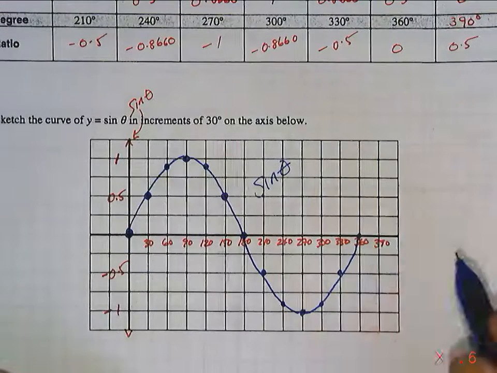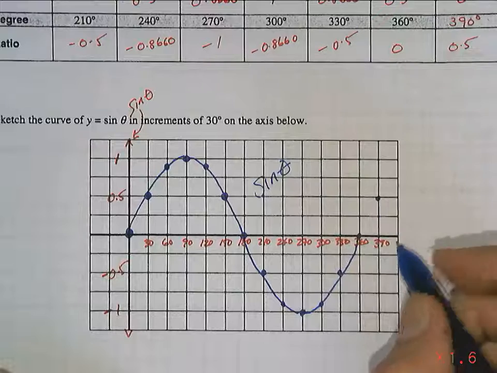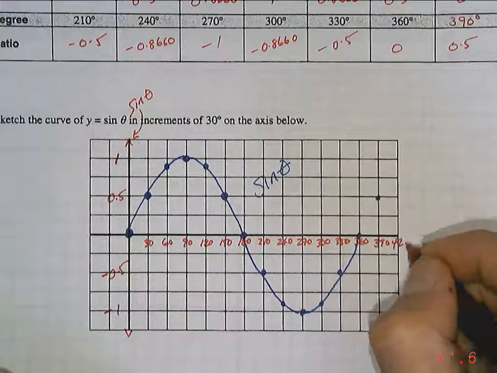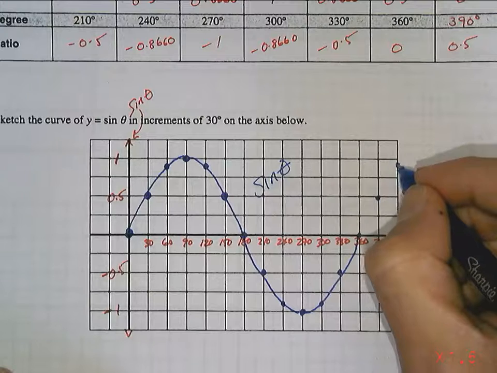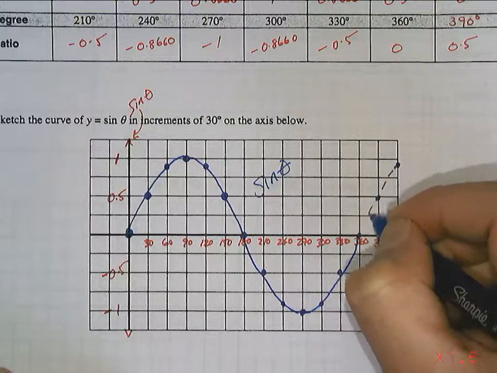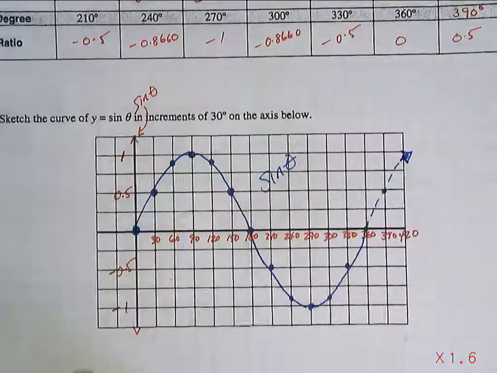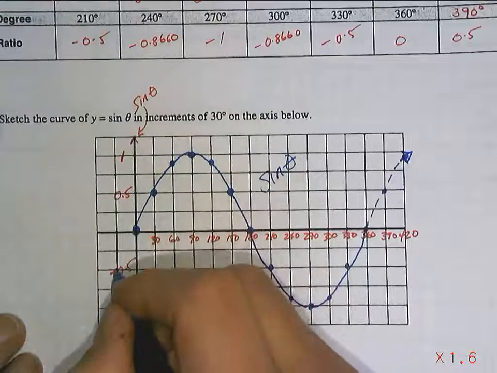Now, what do you think is going to happen at 390? It's going to go back up to 0.5. What do you think is going to happen at 420? It's going to go up. So it continues to go. What do you think's going to happen over here? It's going to keep going. Look at that.